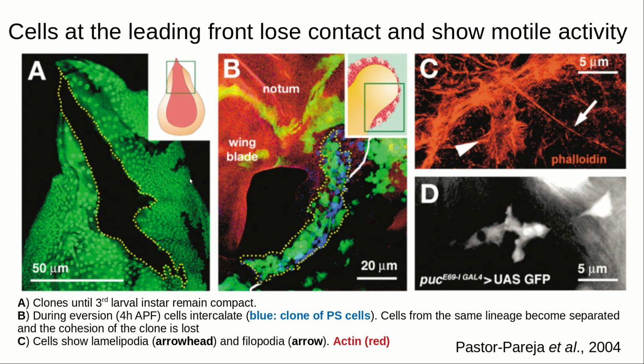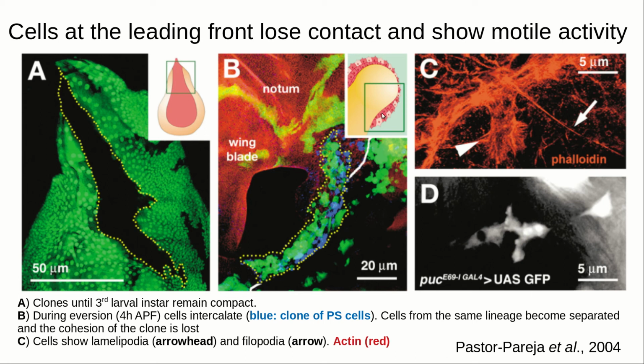However, these cells that are at the front, the ones that start this eversion process in the peripodial membrane, although they are closely related, they lose contact with each other, like you see in these blue cells here. In this drawing, it's marked which cells they are.